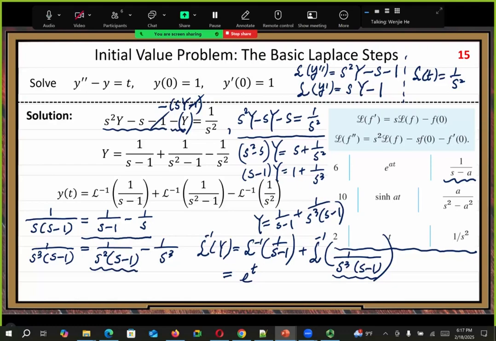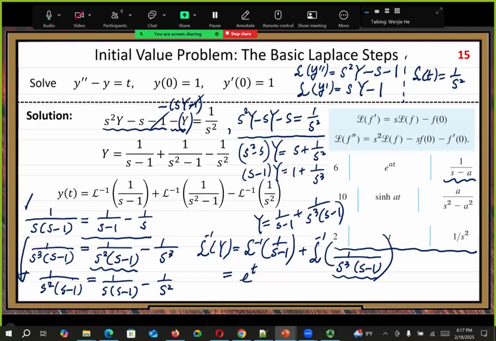But this one, yeah, we can still get S squared from here. We apply this formula, but we multiply 1 over S on both sides.